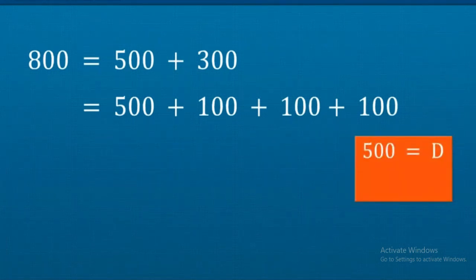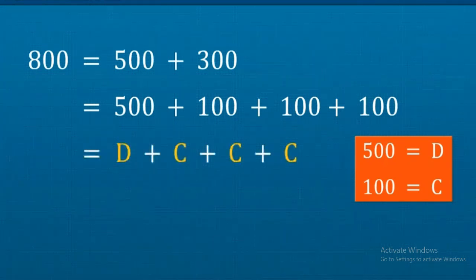The symbol for 500 is D. The symbol for 100 is C. Replacing 500 with D and 100 with C, you get 800 as DCCC, which is the sum of D, C, C, and C.